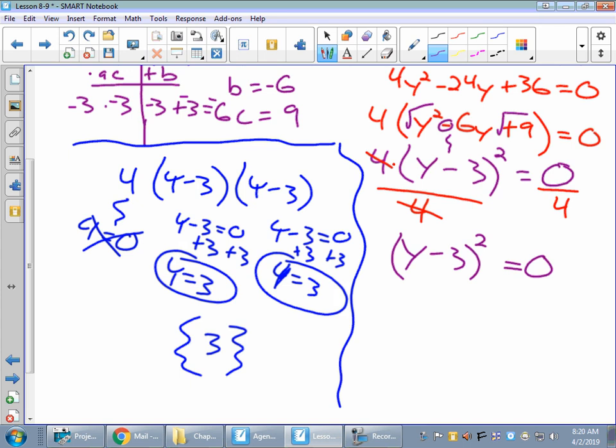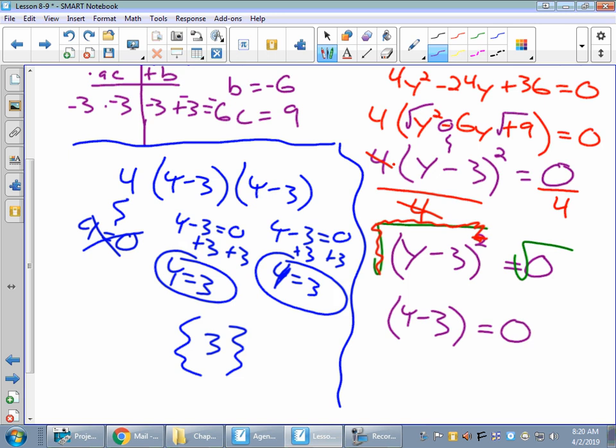Now here's where we're going to take the square roots of both sides. And what does the square root of a square do? I think we've talked about this before. The square root of a square is going to cancel all that out. They undo each other. So the square root of a square is going to be y minus 3, and the square root of 0 is 0. You can double check that in the calculator if you want.